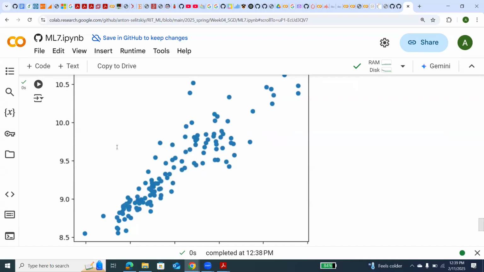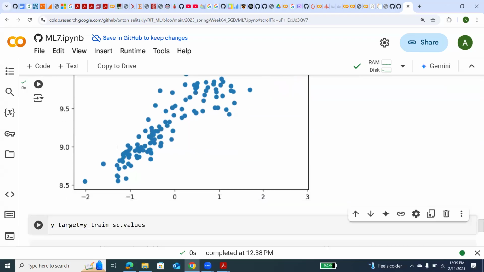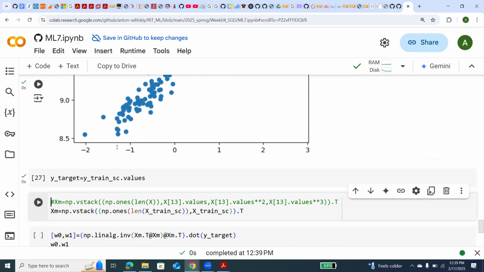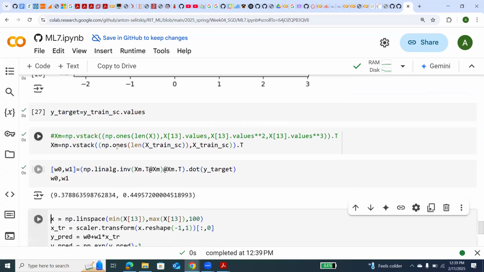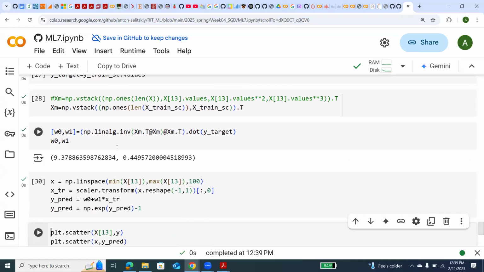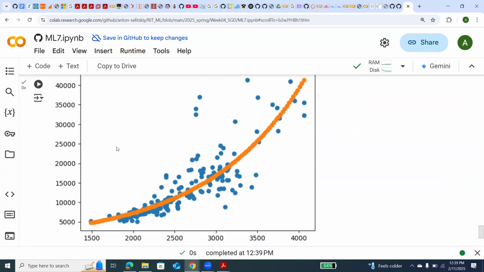So large values will be transformed into lower values. And if I fit now the linear model with the scaled target, to get back, I apply the inverse transform, exponent and minus 1. The results will look like this. And as you can see, it fits our data better than the unscaled target.